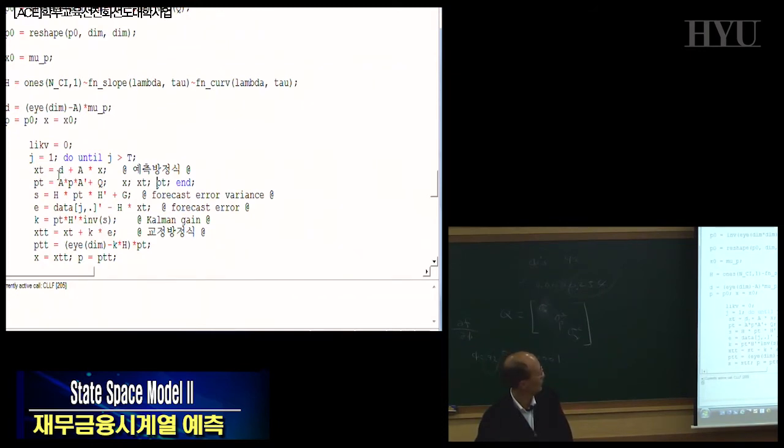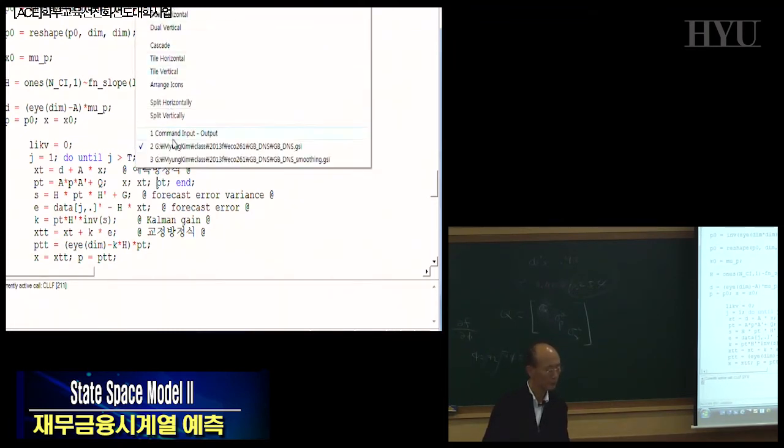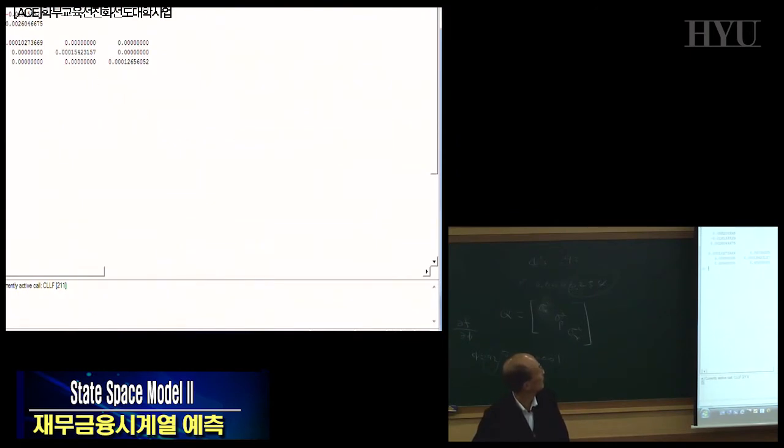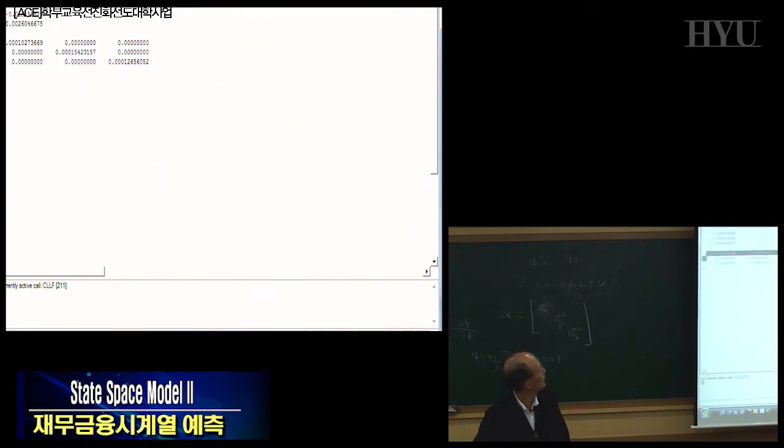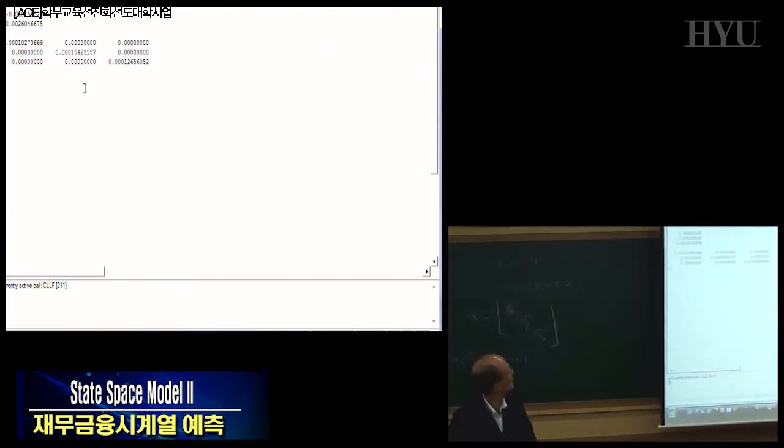Predicted value, and their covariance. Initial one is, this is the predicted value, and its covariance. Covariance is, initially you have only terms in diagonal term, and these are zeros, but that could be changed later on.